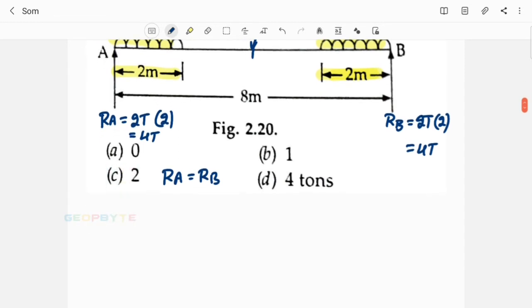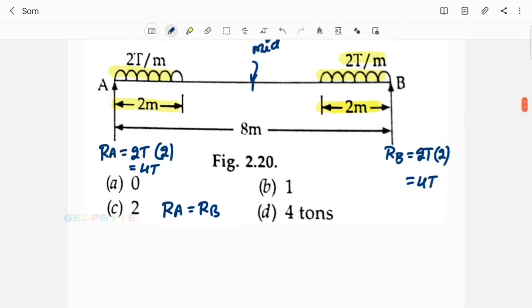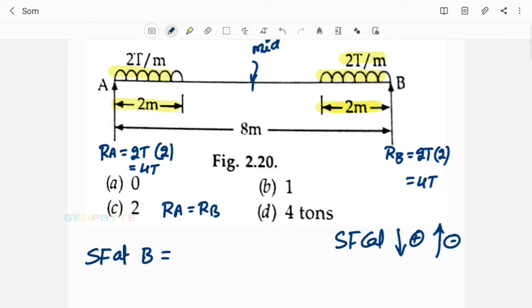Now let us have simplification for shear force. Shear force calculations. Take the downward force as positive, upward force as negative. Then shear force at B equal to, at B exactly, upward force minus 4T.